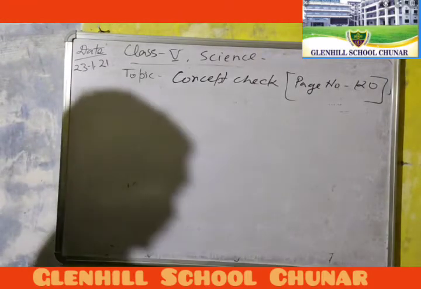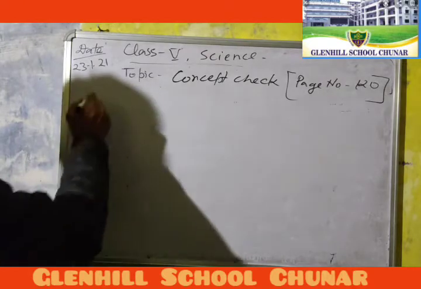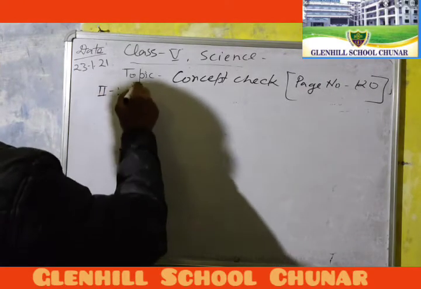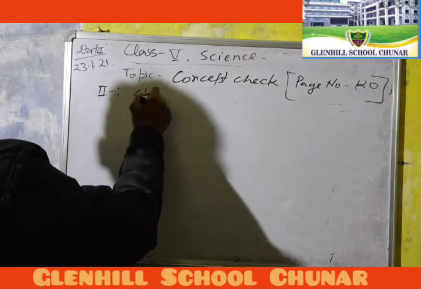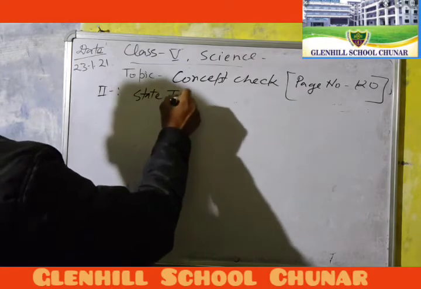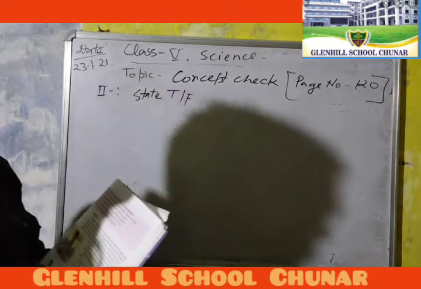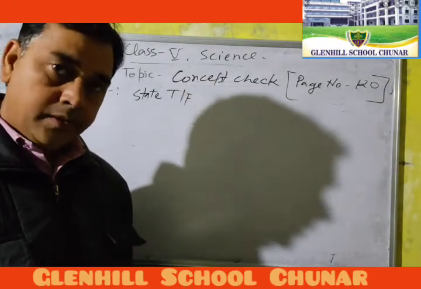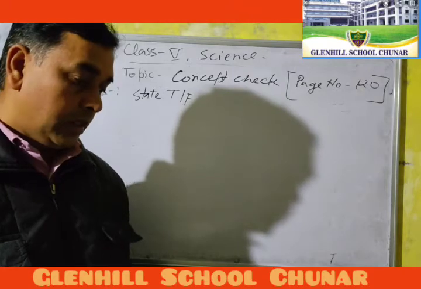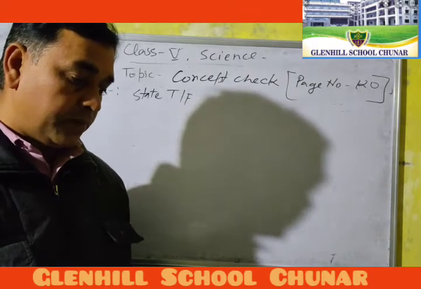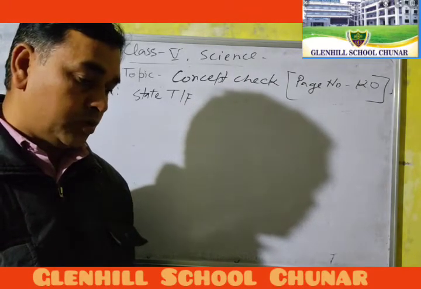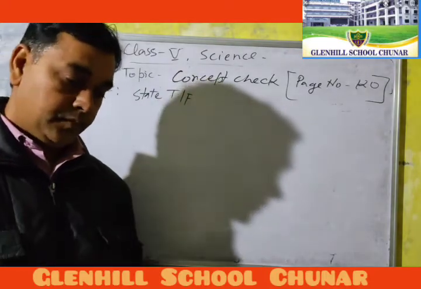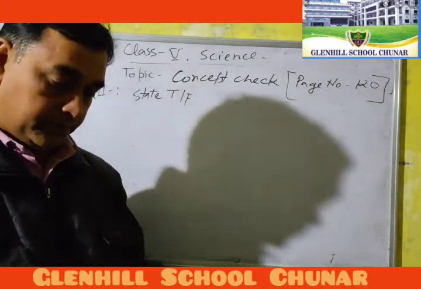Second, B, state true or false and correct the answer statement. So write it down in your classwork copy only. Okay. Stratosphere is the layer of the atmosphere closest to the earth.